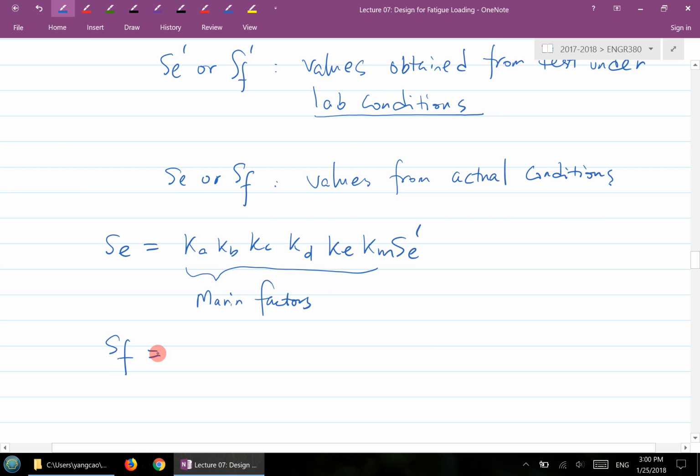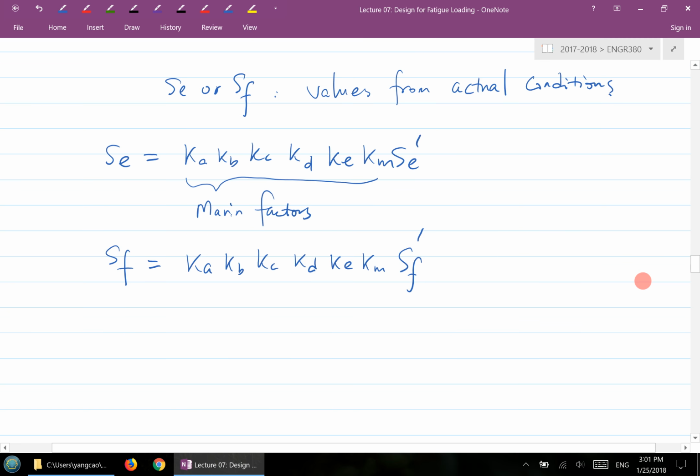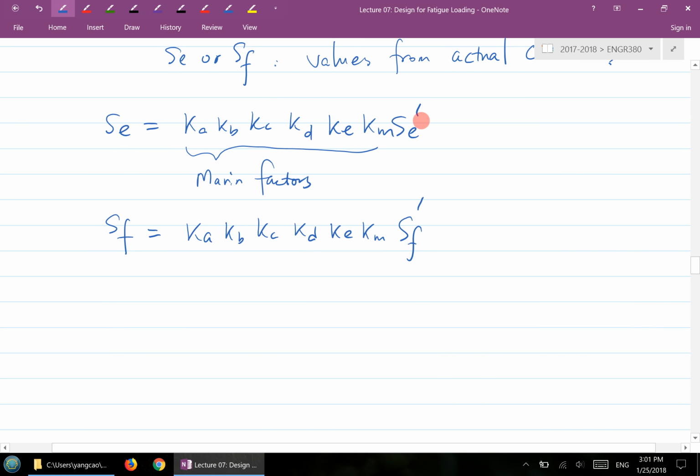Similarly, your Sf could be modified, based on the Sf prime. So the question is the steps for obtaining Se and Sf. There are two steps.